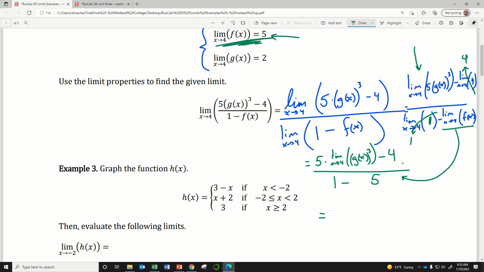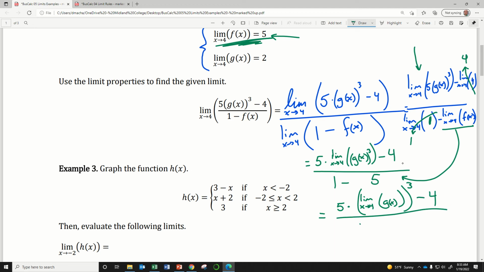In the numerator, when I have 5 times the limit as x approaches 4 of g of x cubed, I can actually write this as 5 times the limit as x approaches 4 of g of x, all of that cubed. I'm going to cube the limit instead of cubing g of x inside the limit.